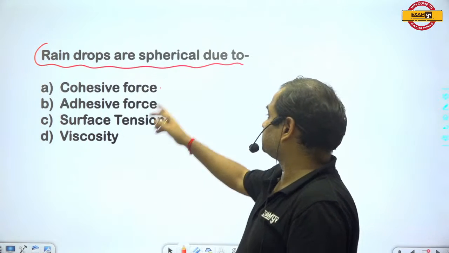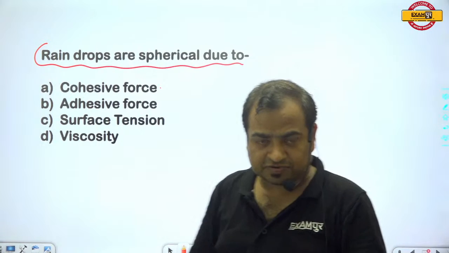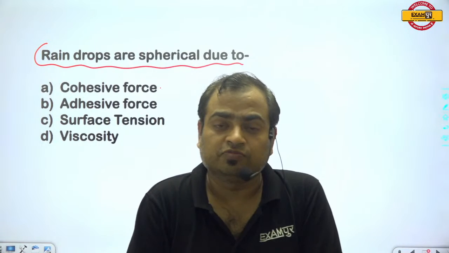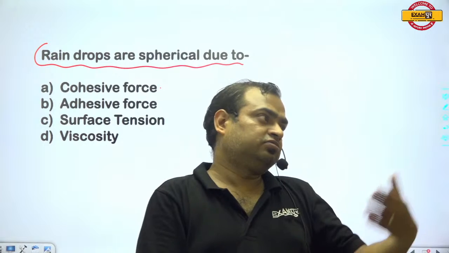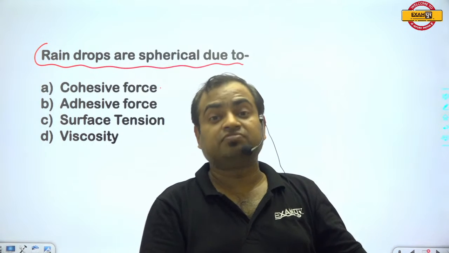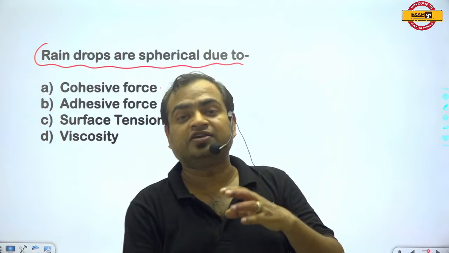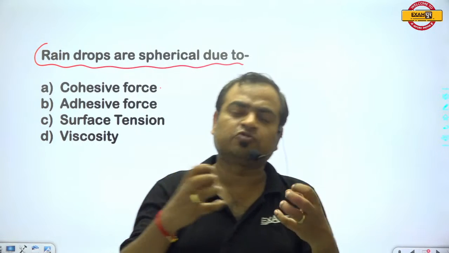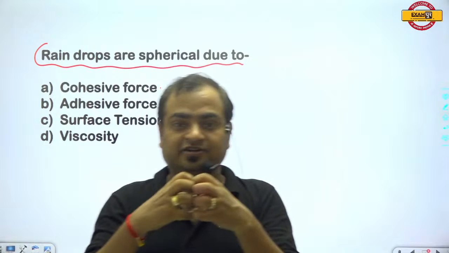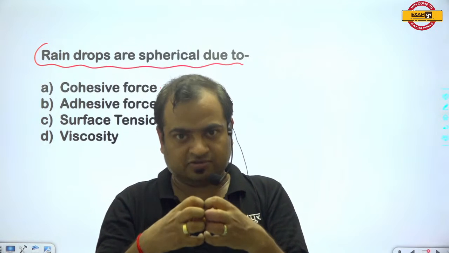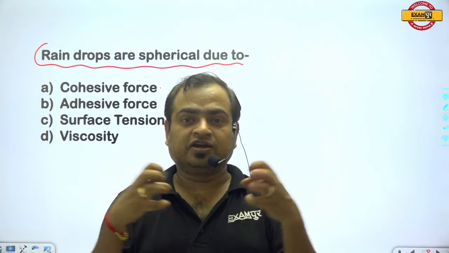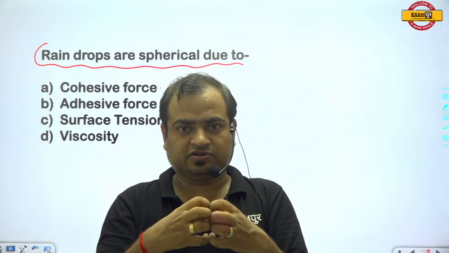So cohesive force is the force acting between the molecules of the same material. This is the reason that when two or more pieces of ice cubes come in contact with each other, they get connected.